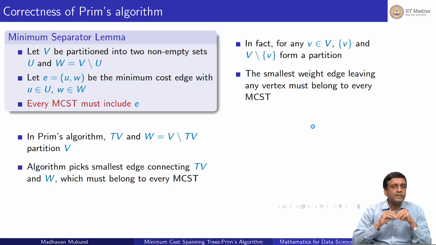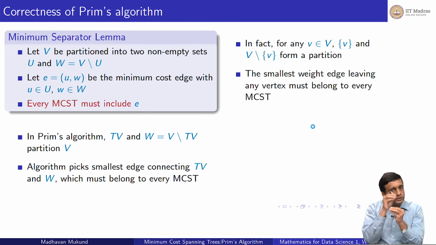The smallest edge leaving a vertex is the minimum separator separating V alone from everything else, and by this lemma that smallest edge must belong to every MCST. So if I start at a vertex and look at all the edges connected to it and pick the smallest one, then that smallest one is guaranteed to be in every minimum cost spanning tree.